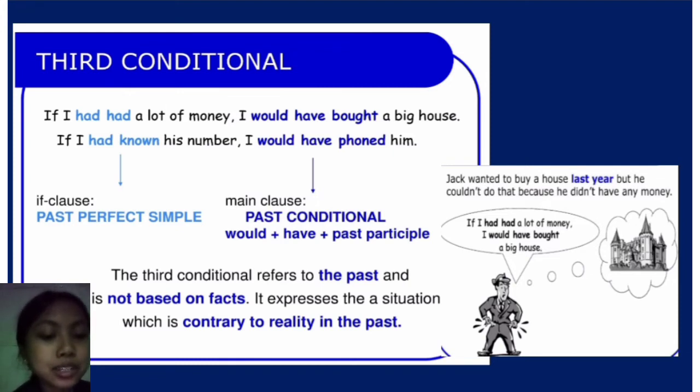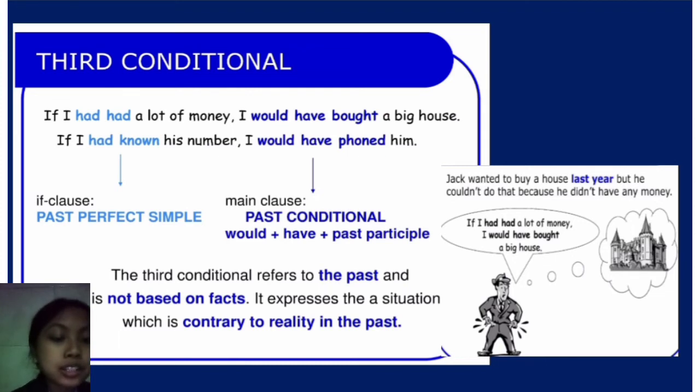And next, the main clause: I would have phoned him. Here you can also see from its verb, which is the past participle, phoned. The third conditional refers to the past and is not based on facts. It expresses a situation which is contrary to reality in the past.